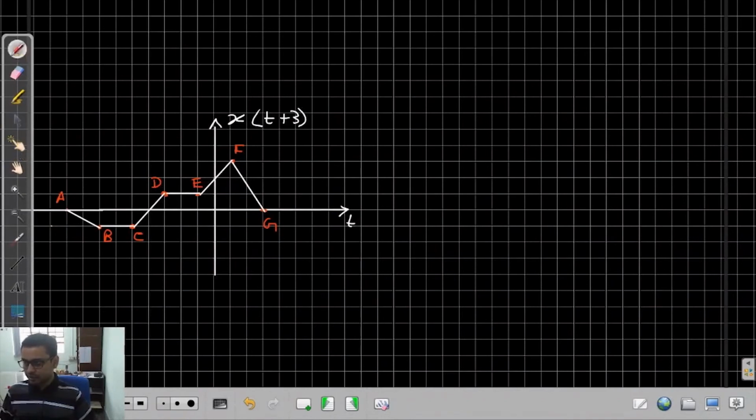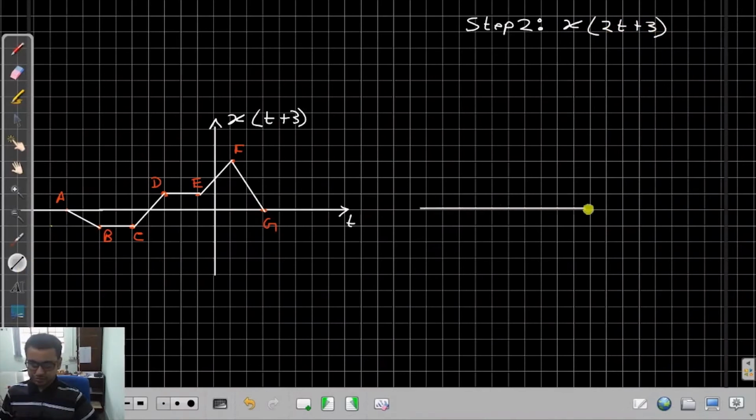And here we start step 2 to find x(2t+3).